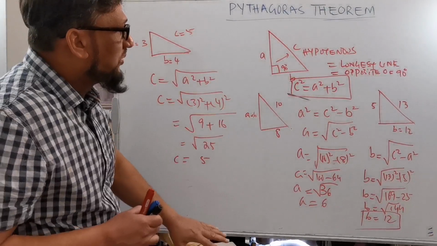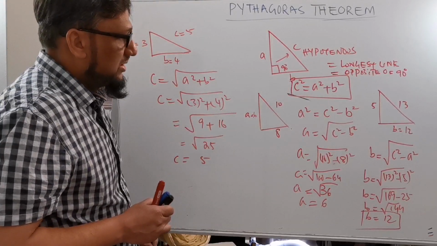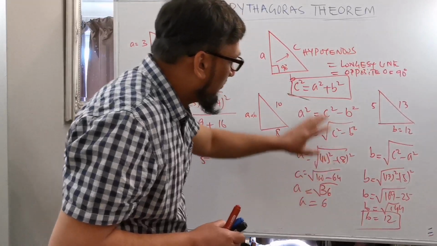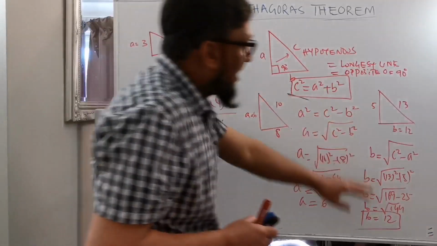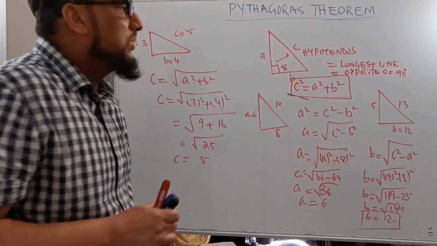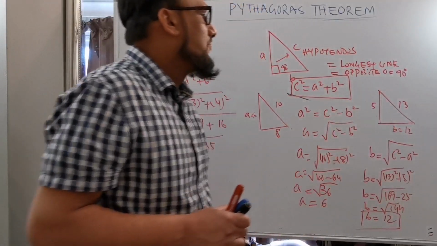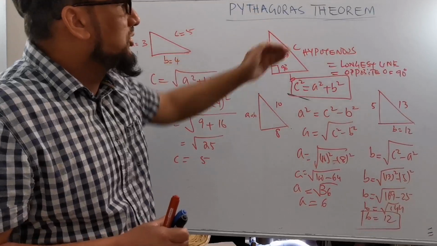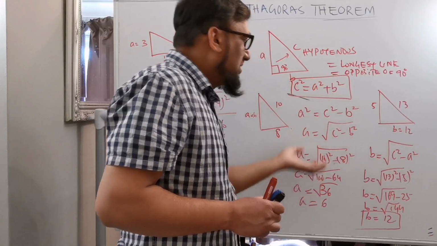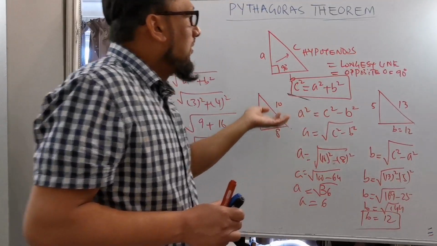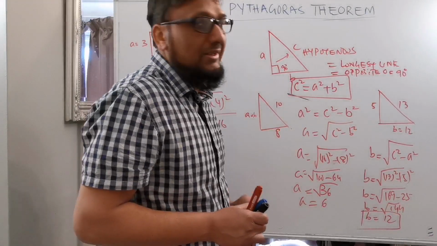In the second example we needed to work out A, so we substituted the values of C and B and got the answer 6. In the last example, we worked out B by plugging in the values of C and A. It means in the Pythagoras theorem, if you know two values out of three, you simply substitute into the formula and work out the missing value.